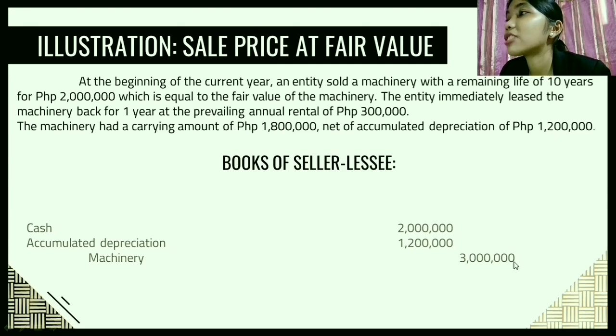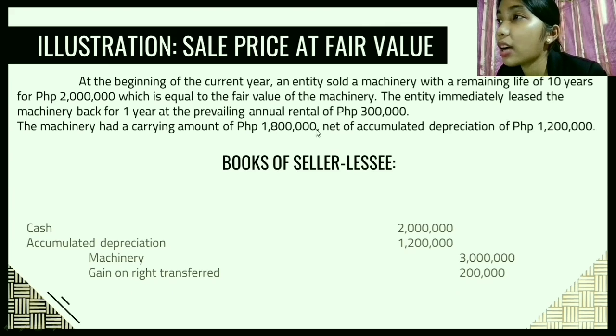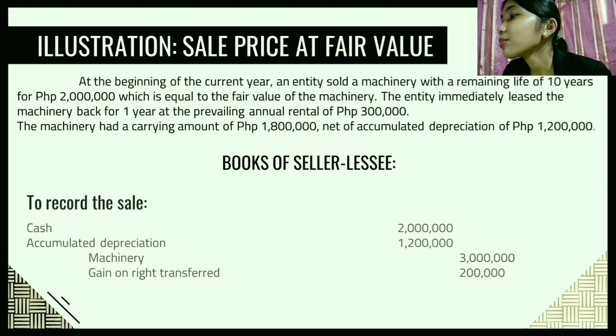Next is credit gain on right transferred natin na 200,000 pesos. So, paano po natin siya nakuha? Etong pong ating fair value na 2 million pesos, ilalas lang po natin yung carrying amount ng ating machinery which is 1,800,000 pesos to get the gain on right transferred po natin. And this journal entries is to record the sale.